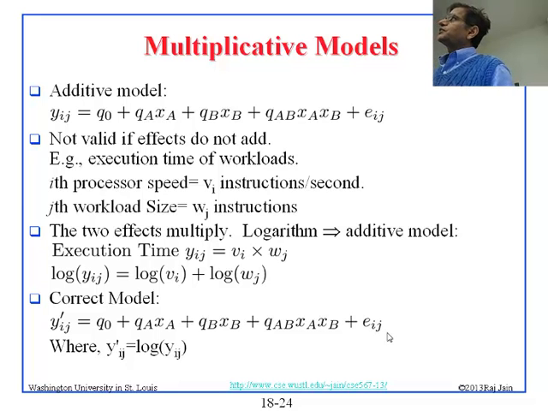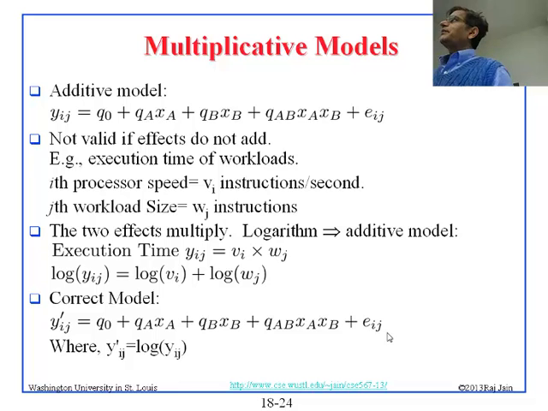So for example, execution time, now let me be sure that this is the correct formula. Execution time Yij is equal to Vi, where Vi is the instructions per second. No, this is not the correct formula, right? There has to be a division here. This has to be Wj upon Vi. So this is seconds equal to instructions divided by instructions per second.